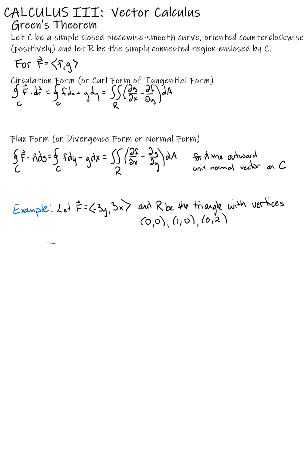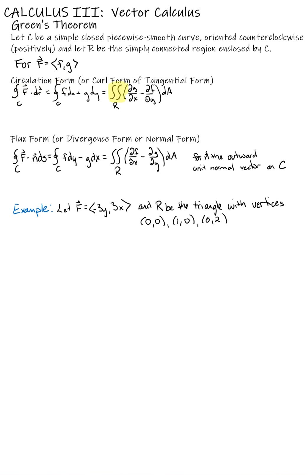All right, there are two forms to this theorem. The first one we call the circulation form, sometimes referred to as the curl form or the tangential form. Let's talk about what that looks like. We have the line integral of F dot dr, which by the way is the same as the line integral over our curve C of f dx plus g dy.